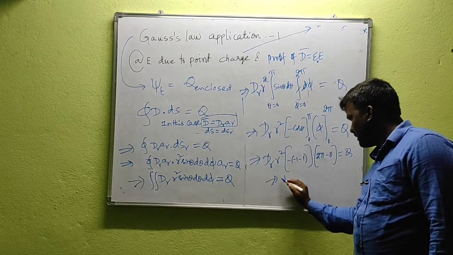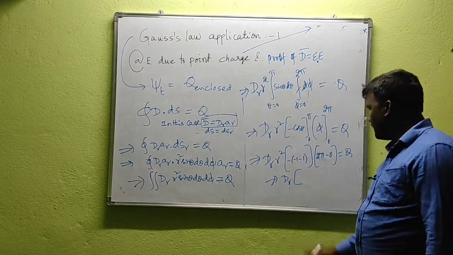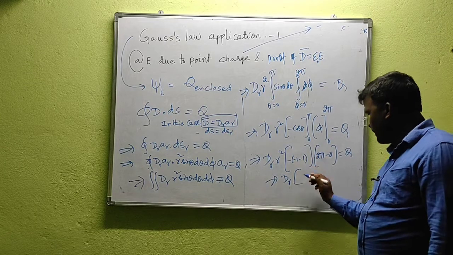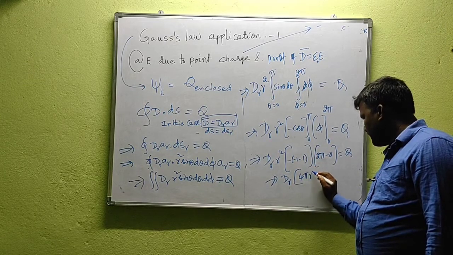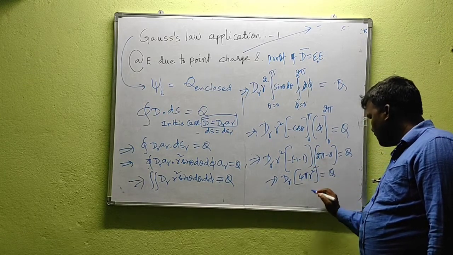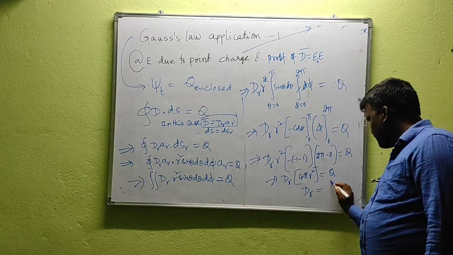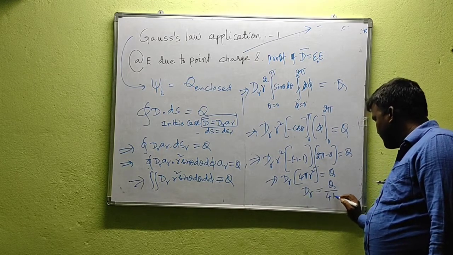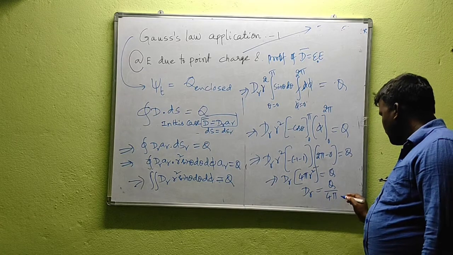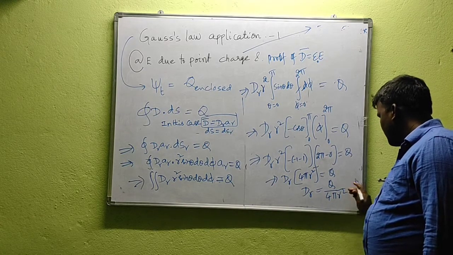Finally we will get D_r into 2 into 2 pi, that is 4 pi r squared, equal to Q. That is D_r equal to Q by 4 pi r squared.